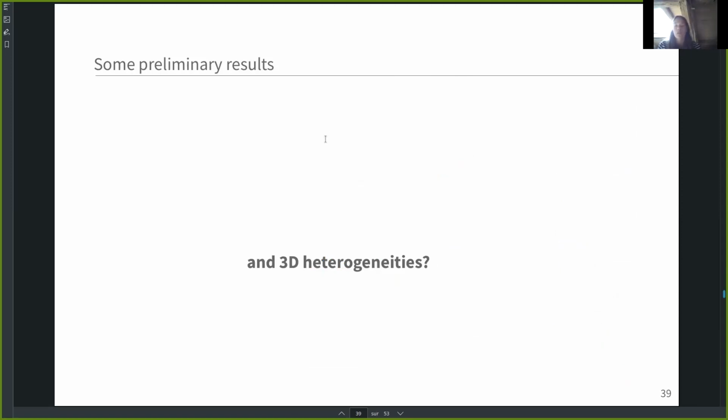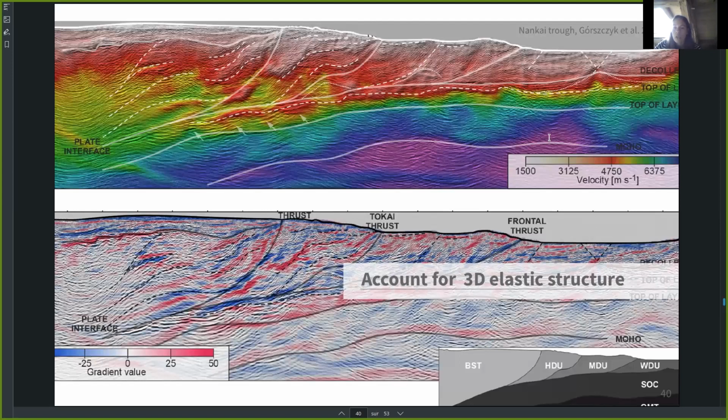I talked a lot about topography, and I explained why I wanted to investigate topography alone, but I think 3D crustal heterogeneities are very important as well. There is a very nice tomographic picture that has been published recently by Stefano Berto and Lorcenini. This is in the Ankai trough, to give you an idea, the Moho here is around 15 kilometers depth.